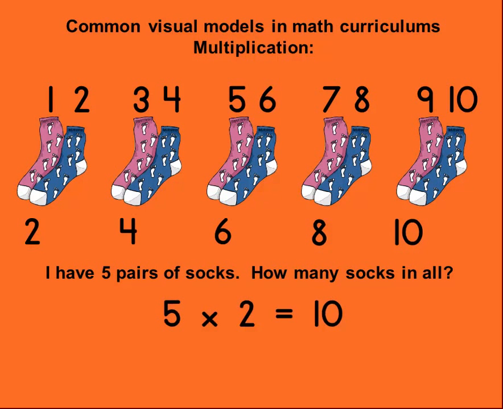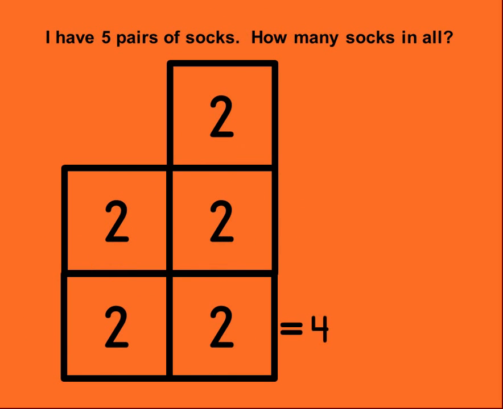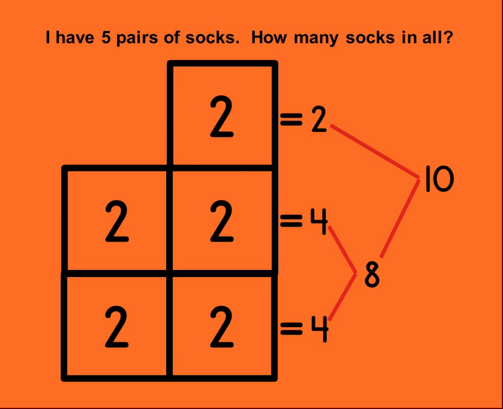And then they need to remember that 5 times 2 is 10. In the 4-group model, we have the 5 pattern in which each square has a pair of socks. We can count by 2s. We can add the 2s and see in our minds that the total is 10.